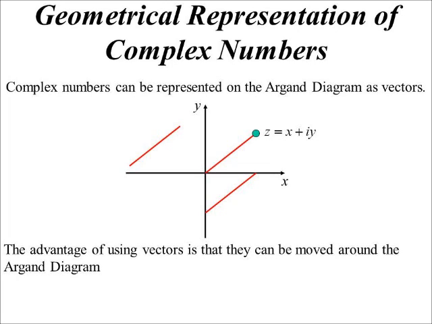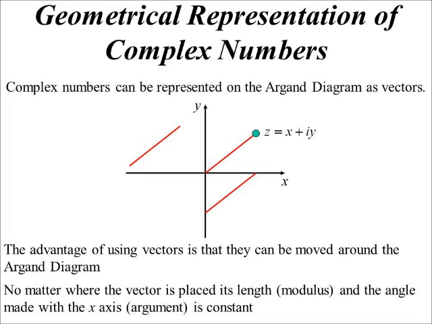So it still represents the same complex number. And it doesn't matter where I put it, it's always going to be the same complex number. It's over there, still got the same length, still makes the same angle. Doesn't matter where I put the vector, it is the same thing. Okay? The length doesn't change, the angle doesn't change.